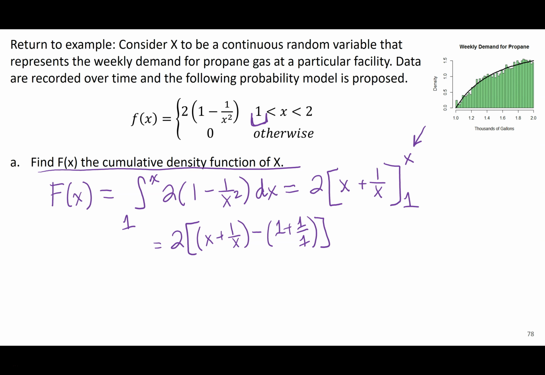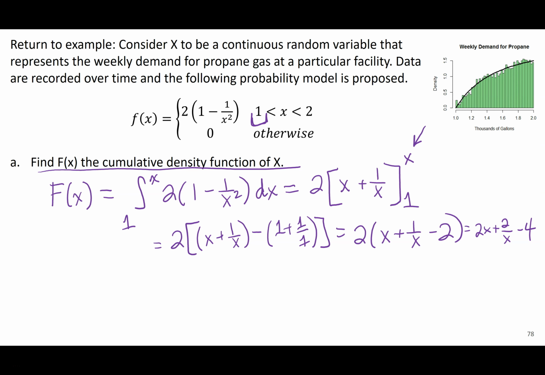So here I'm going to get 2 times x plus 1 over x, minus 2. You can go ahead and distribute, it's not going to make a big difference here. So yeah, I'll have that.